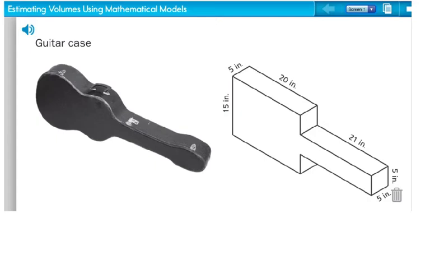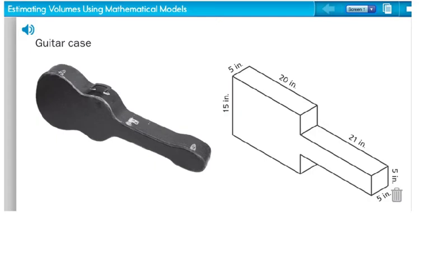Now imagine I had an irregular shape. We're still on our whiteboards. Now this guitar, if I wanted to know how much it held, it would be really hard with those curves to be able to figure it out. So sometimes we just have to create like a box around it. So what I'm going to do is figure out the volume, or what is close to the volume, given the rectangular shape of the base of it and then the neck of it.